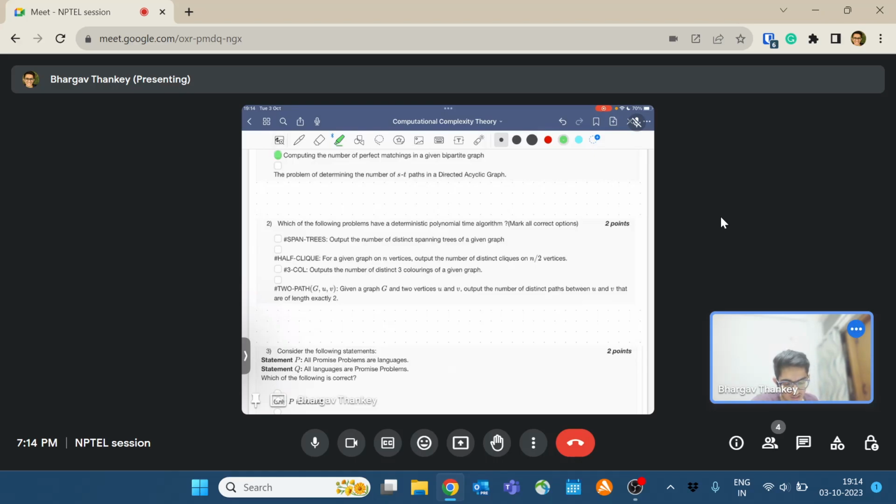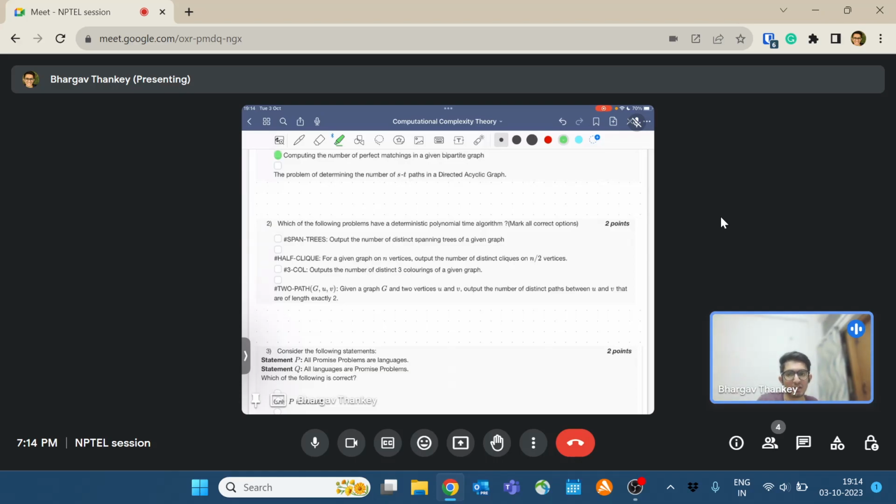Option C is #3Color, which outputs the number of distinct three colorings in a given graph, and option D is #2Path(G,U,V), which given a graph G and two vertices U and V, outputs the number of distinct paths between U and V of length exactly 2.